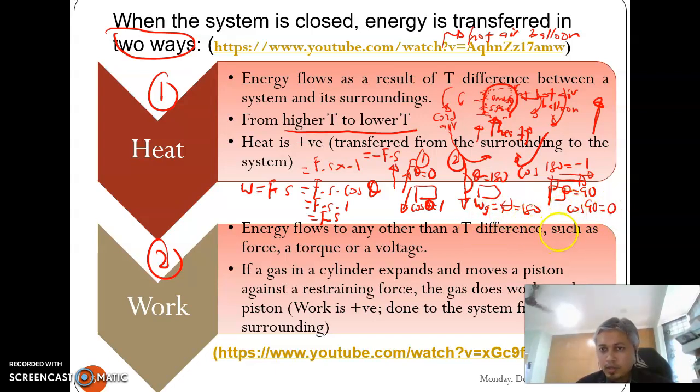What will happen to the gravitational work? It will become F dot S times 0, so WG equals 0. If you want a clearer picture, you need to go to this link. You will learn more on this.